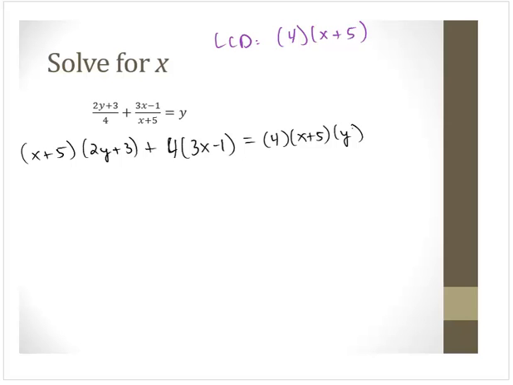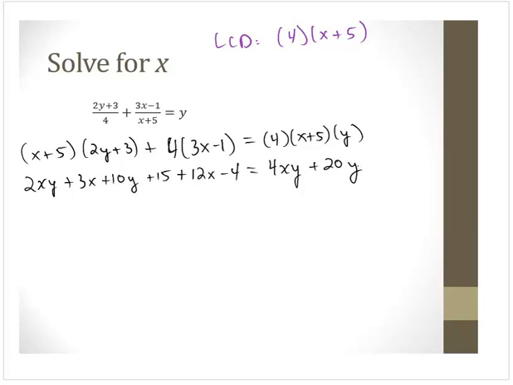Now I'm going to simplify everything here. I'd have a 2xy plus a 3x plus a 10y plus a 15 plus a 12x minus 4. On the right-hand side, I'd have a 4xy plus a 20y.